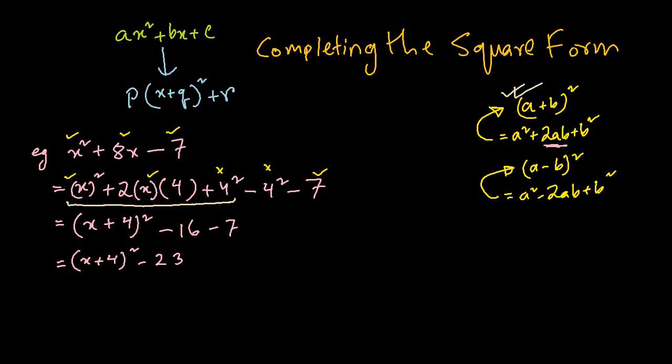Let's do another example where we have a minus. Suppose you have x squared minus 6x plus 1. Now the first term would be a squared minus 2ab, where a is already x. So in order to make it 6x, b has to be 3.